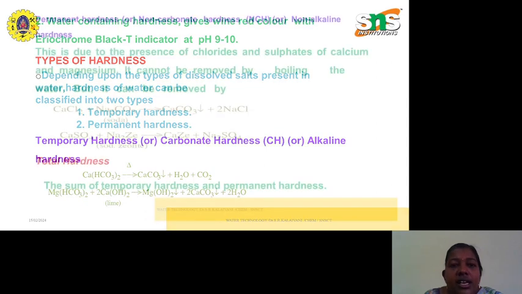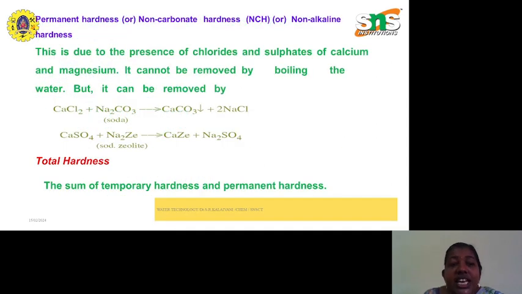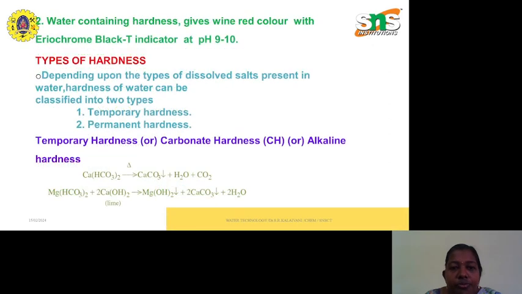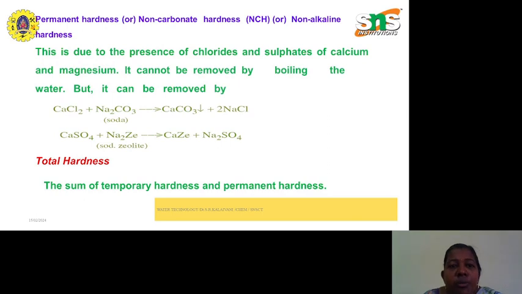Actually, temporary hardness can be easily removed by the boiling process and the lime soda process. The main reason for temporary hardness is that bicarbonates of calcium and magnesium are responsible for it. This is the removal method: one is boiling, and the other is the lime soda method.